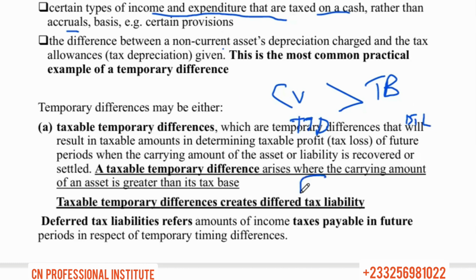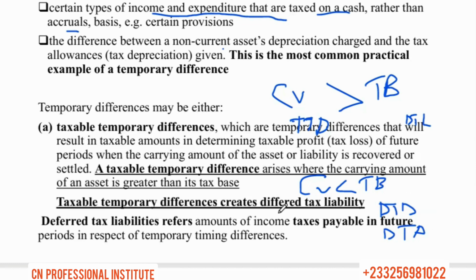But when the carrying value is less than the tax base, or the tax base is greater than the carrying value, then it creates what we call the deductible temporary difference, which will create a deferred tax asset. So we have to know this. This is for assets. Liability is the other way around.